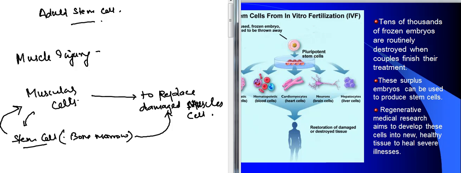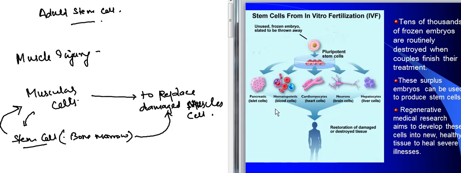Now in this chart we can see how stem cells are engaged in forming all types of organ systems. You can see here a pluripotent cell, stem cells, and they can form pancreas, hematopoietic cells, cardiac muscles, and the nervous system can also be replaced.